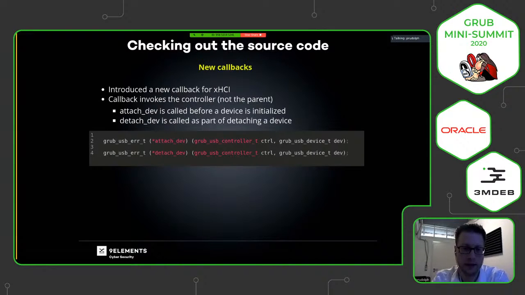And what it does is it gets called before a device is initialized. And there's another one called detach device, and it's called as part of detaching the device. Those functions are new because before all the device handling was done by the parent, but with xHCI, the controller does way more than on previous generations. So we have to invoke it too.